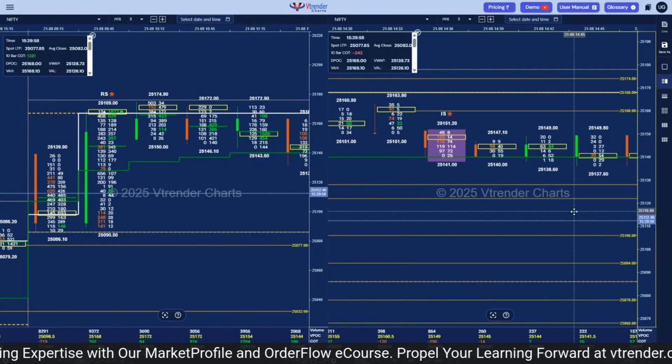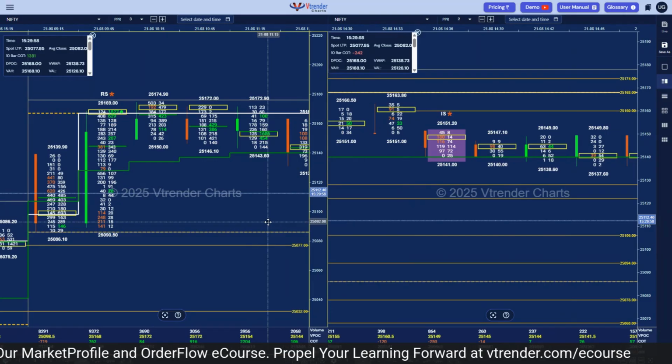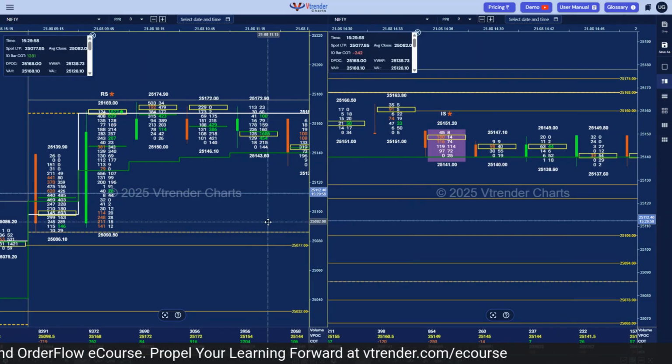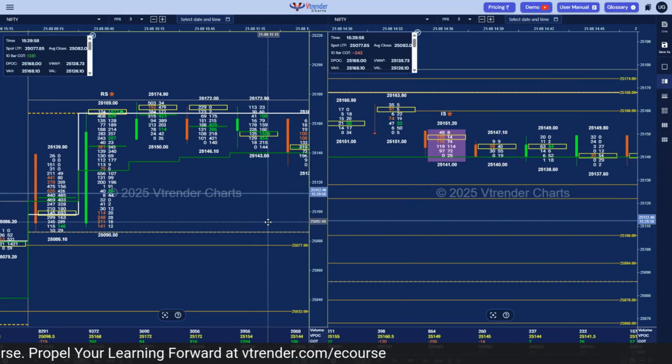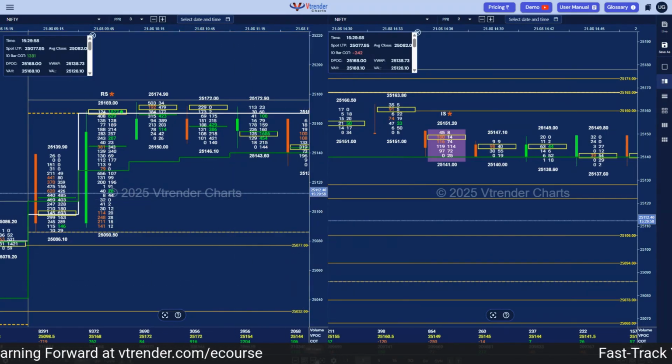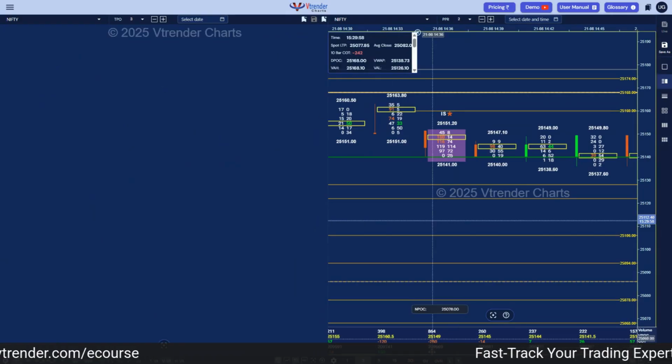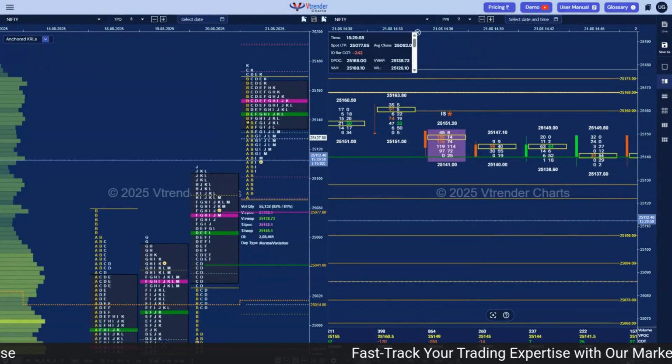Another combination of 2 windows you can make, if you just want to watch the market profile chart of both Bank Nifty and Nifty futures, is to have the market profile of Bank Nifty futures on one side and Nifty futures on the other side.